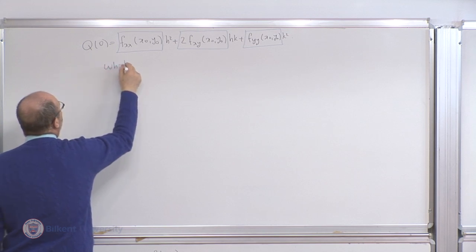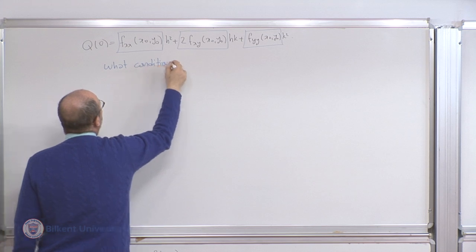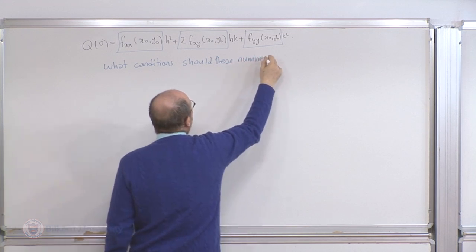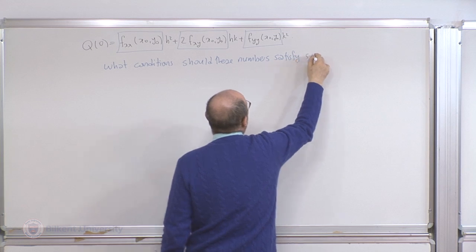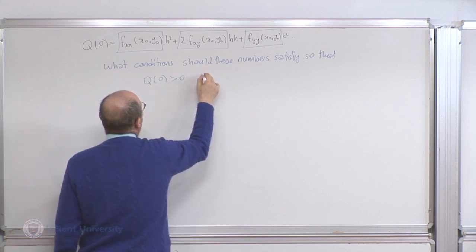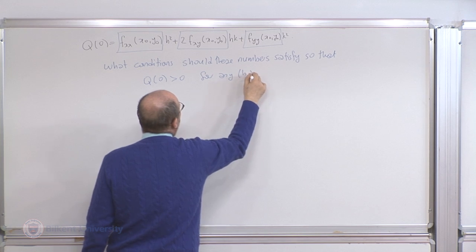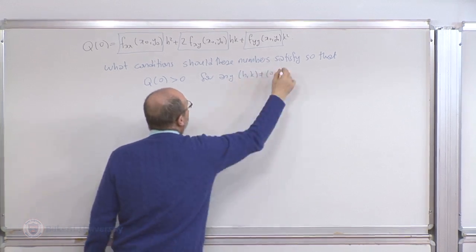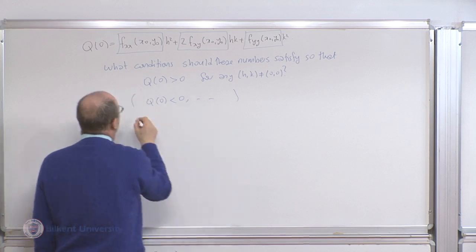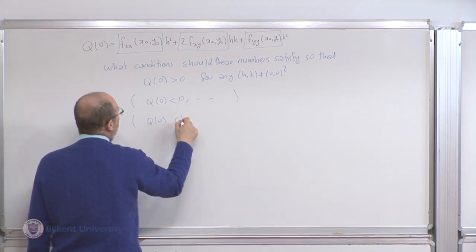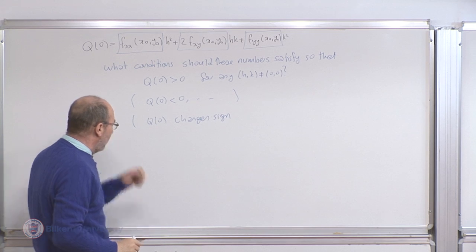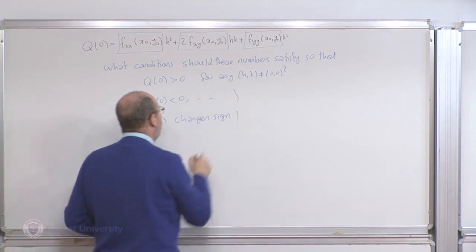What conditions should these numbers satisfy so that Q0 is always positive for any hk, which is of course different than 0, or I can ask the same question, Q0 negative for this, or Q0 changes sign. Let me leave it like this and explain this.